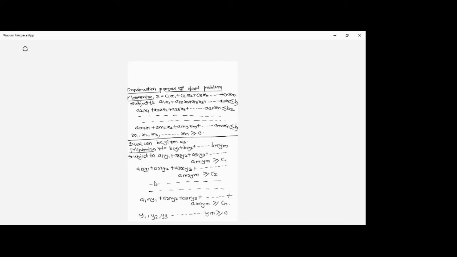Now the first constraint in your dual is a11 y1 + a21 y2 + a31 y3 + ... greater than or equal to c1. In your maximization type, all the constraints are less than or equal to type. Here you can note all the constraints are less than or equal to, and here all the constraints are greater than or equal to in the minimization type.